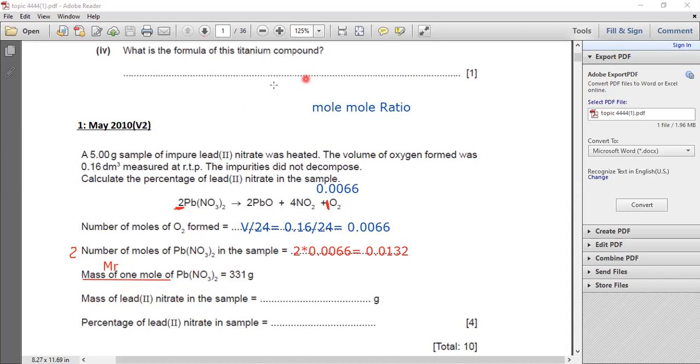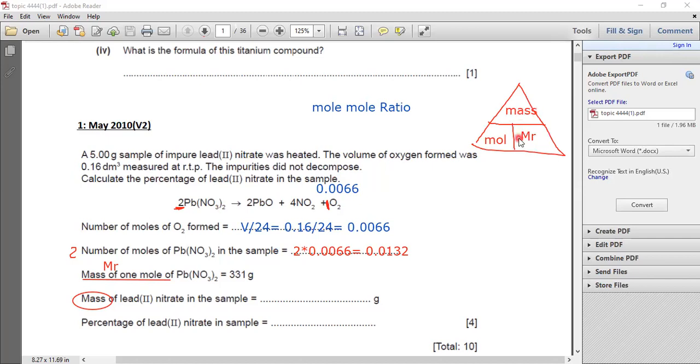Which triangle will you use? First, second, or the third? Yes, the first triangle. The first triangle says number of moles equals mass divided by MR.